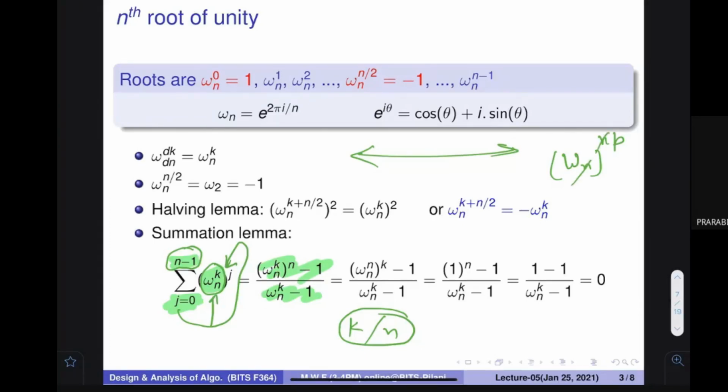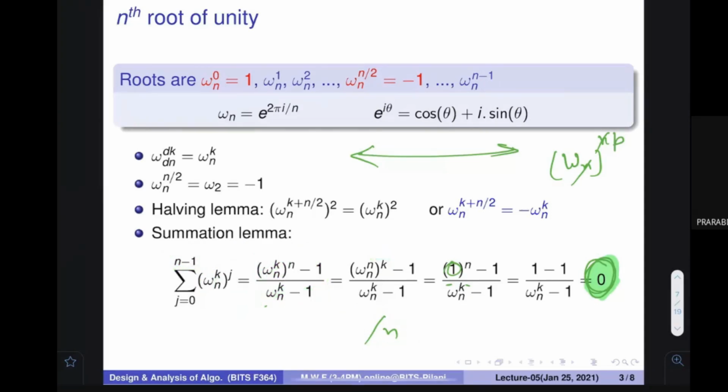Then this is what I am going to get. If you simplify it further, because they can exchange, it becomes 1, and overall the summation comes out to be 0. So this is also an important result: if you pick any of the omega n and raise it to the power, the summation is going to vanish.